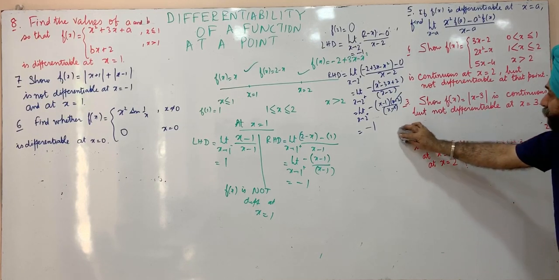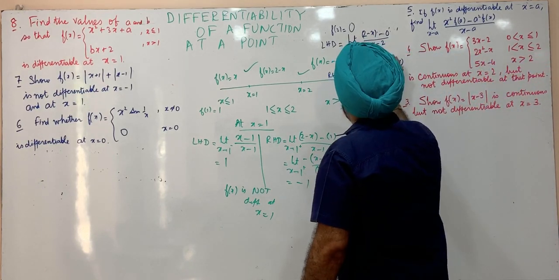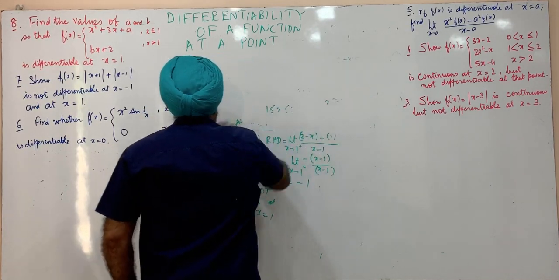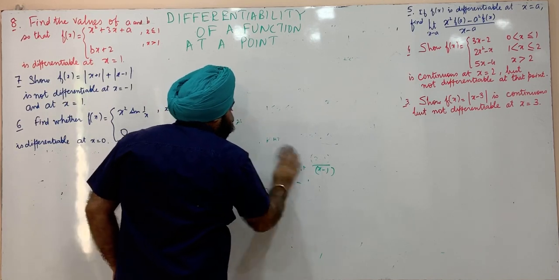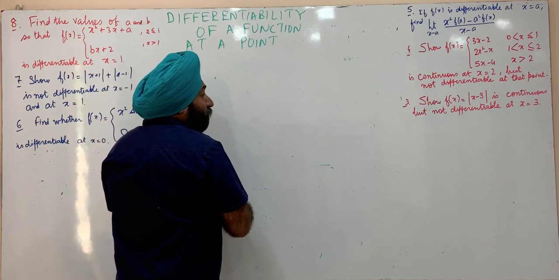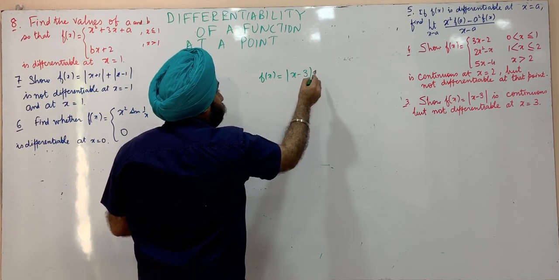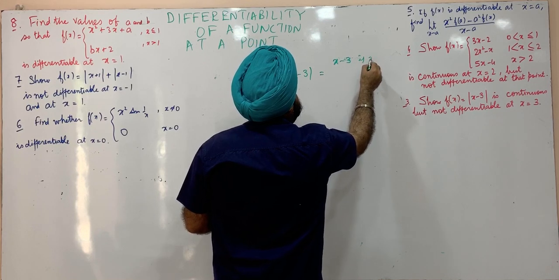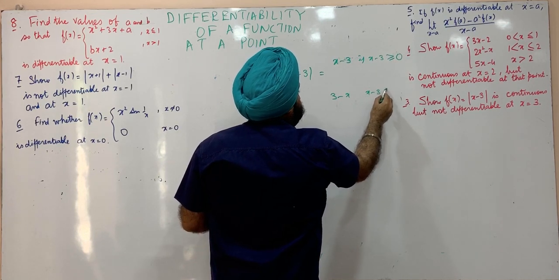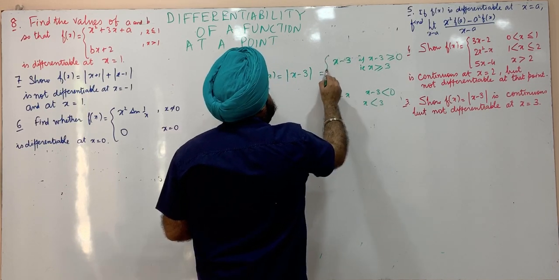The next one, we have mod of x minus 3. So f of x, this is mod of x minus 3, this is x minus 3 if x minus 3 is greater than or equal to 0, and 3 minus x if x minus 3 is less than 0, that is x greater than or equal to 3, this is x less than 3.